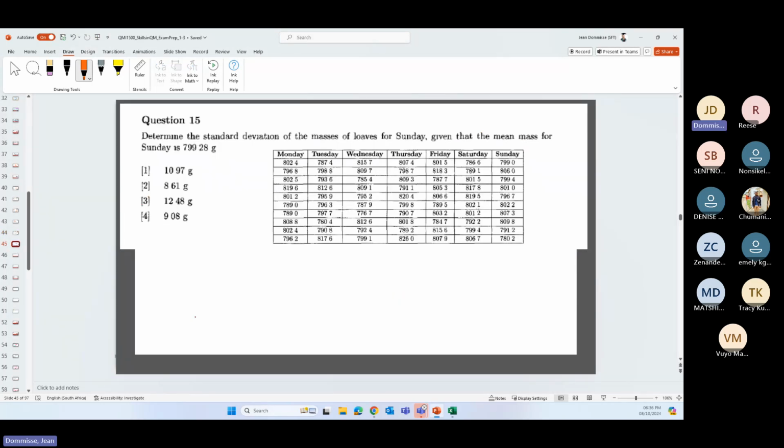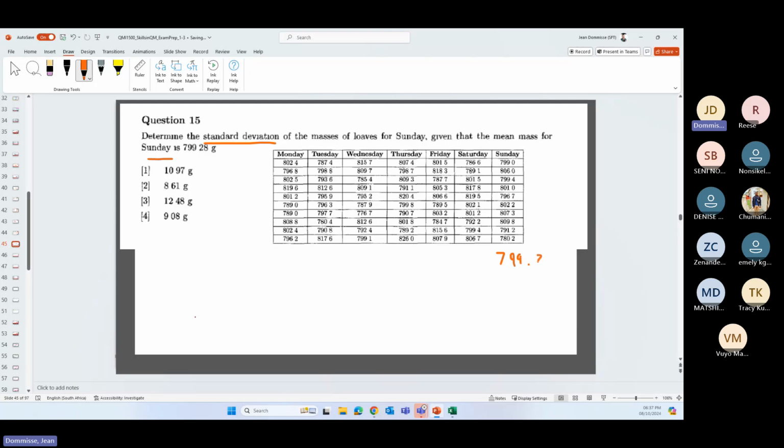Okay, and then they went on to say you need to determine the standard deviation. For standard deviation, what they told us is: determine the standard deviation of the masses of loaves for Sunday, given that the mean mass for Sunday is 799.28.